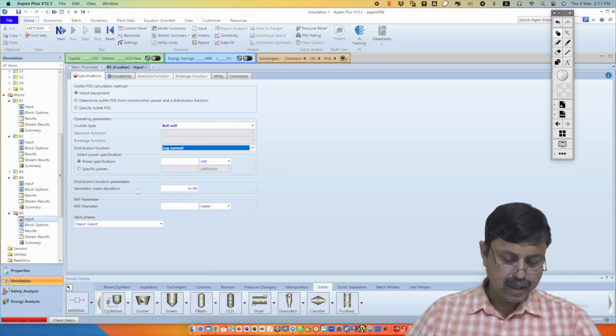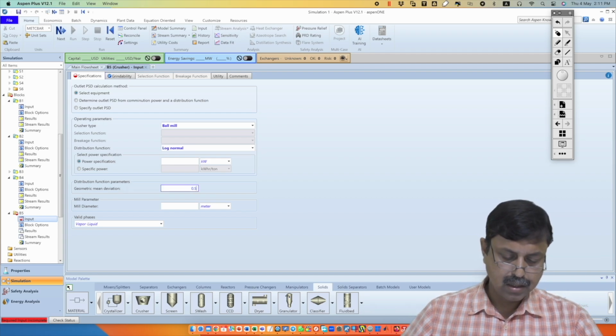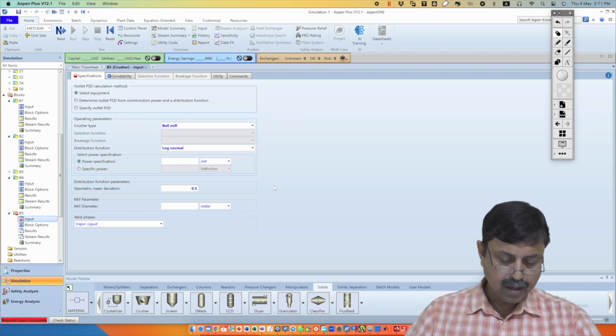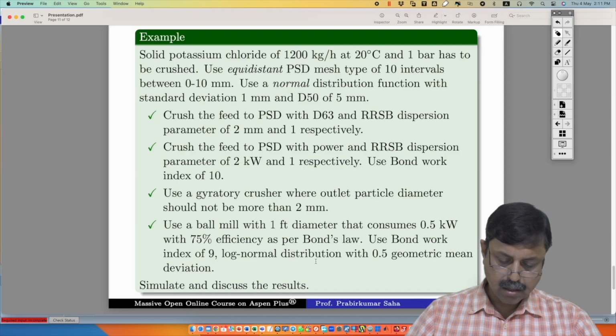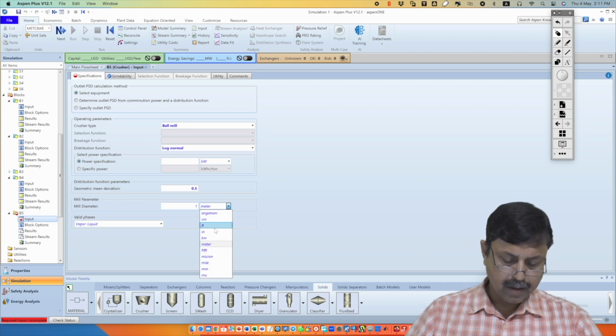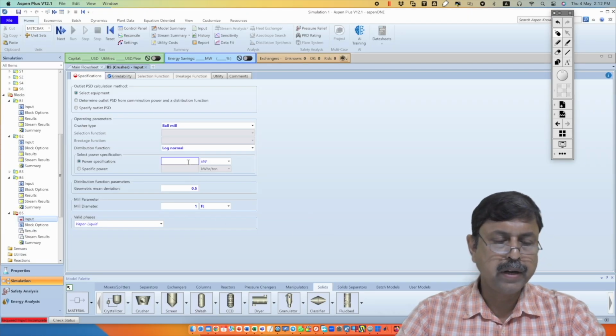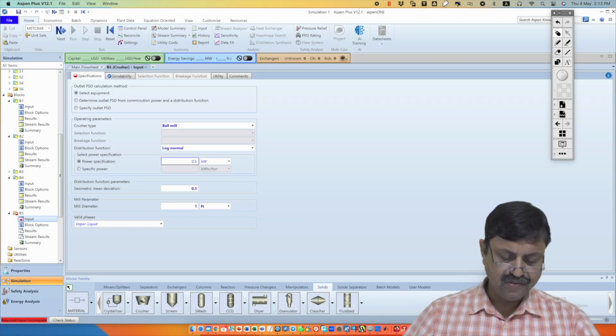So it is 0.5 geometric mean deviation, and ball mill diameter is 1 feet. So you have to use ball mill diameter 1 feet. What else? Yeah, power specification. So it says 0.5 kilowatt power is required. So you have to give 0.5 kilowatt of power.